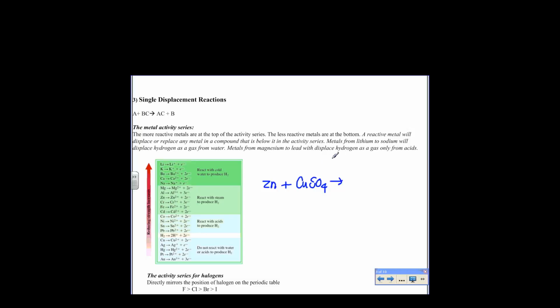If it was the other way around, no reaction would occur. So I'm going to end up here with zinc sulfate and copper. For example, if I did magnesium plus sodium chloride, magnesium is lower than sodium, so no reaction would occur.